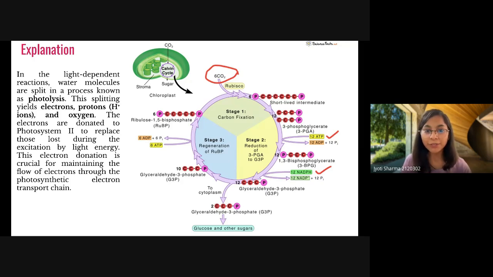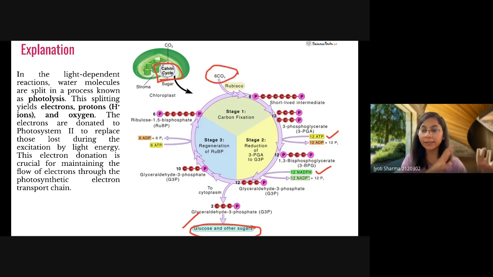So these will be utilized to create glucose and another sugar. So this is known as the Calvin cycle. This will again be in the chloroplast, but here the food of the plant will be synthesized. So this is the next step of the light reaction.